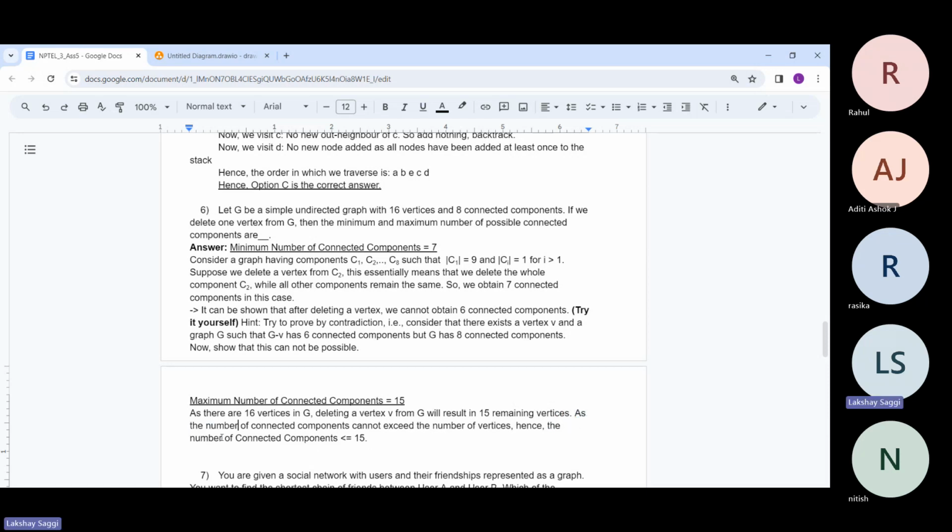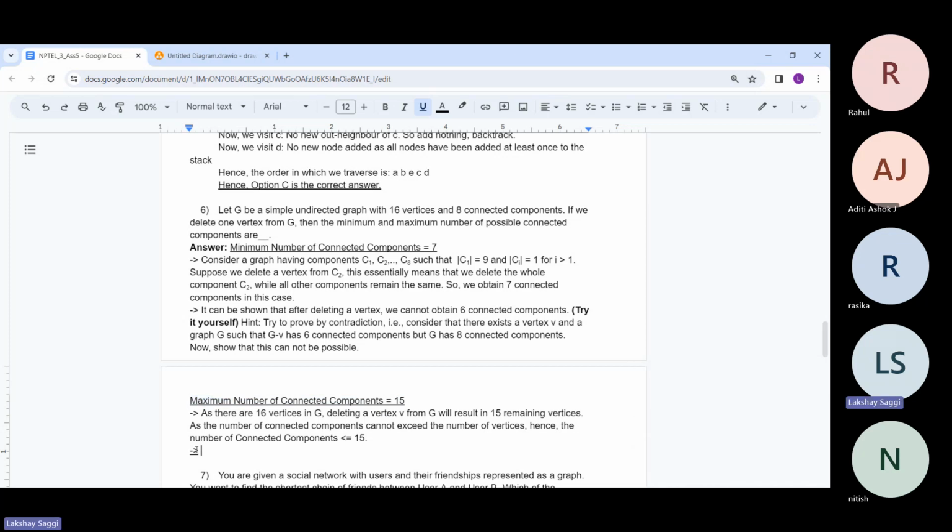So we have shown using this argument that the number of connected components will always be less than or equal to 15. Now we'll show that there exists an example in which the connected components are actually 15, which will give us the maximum.